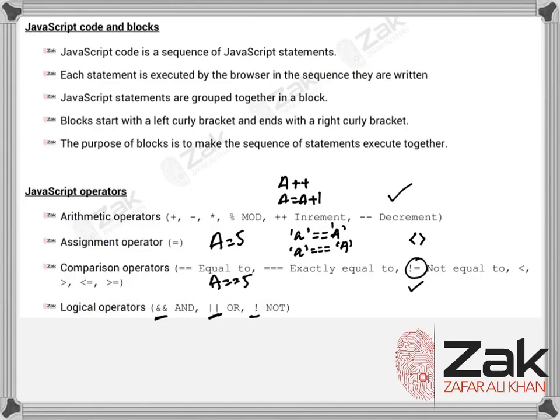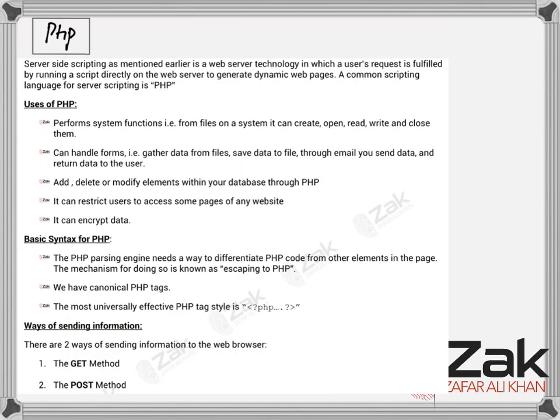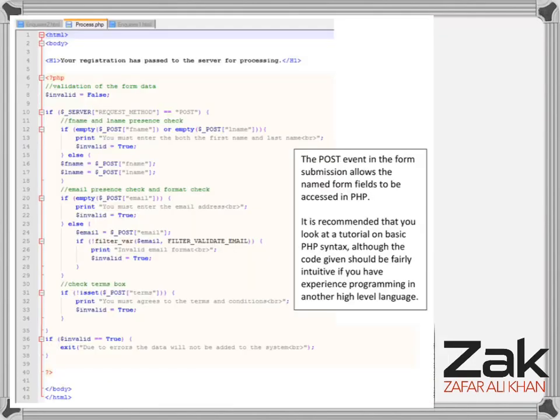This topic is actually referring to that identifier thing. It is recommended that you look at the tutorial on basic PHP, although the code given should be fairly intuitive if you have experience programming in another high level language like VB in paper 2.